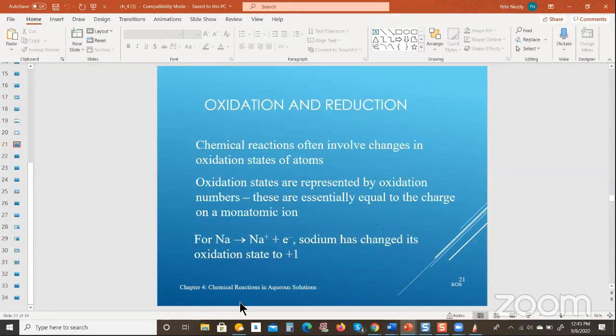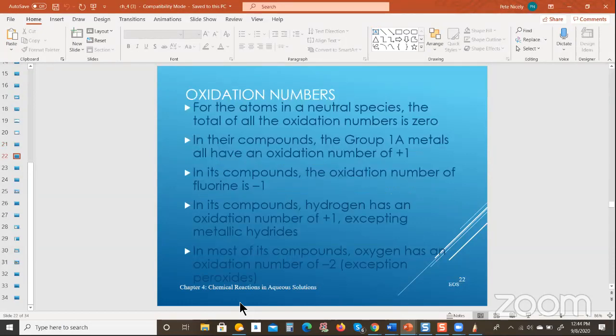So basically, that's for monatomic ions. Very simple, all you have to do is look at the charge. Now, when it comes to oxidation numbers for other elements, there are some rules that you have to follow, and it depends on many things, including what the elements are combined with in a compound. So these are some of the rules for determining the oxidation numbers of different elements.